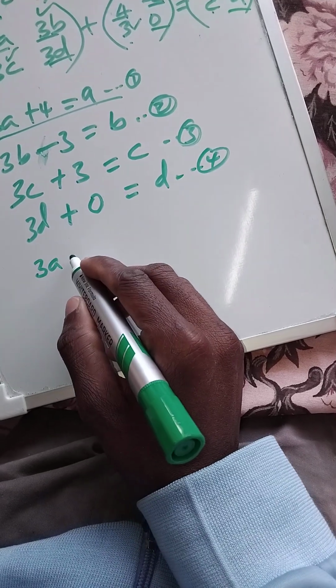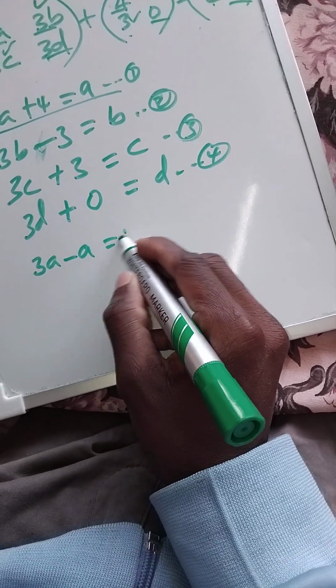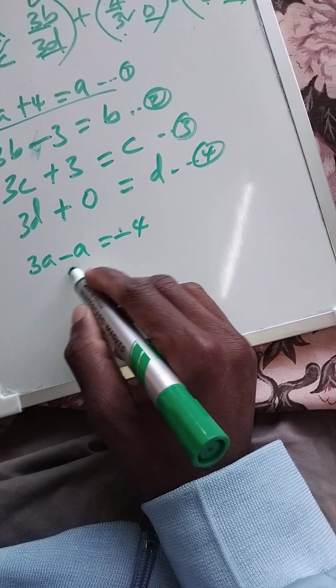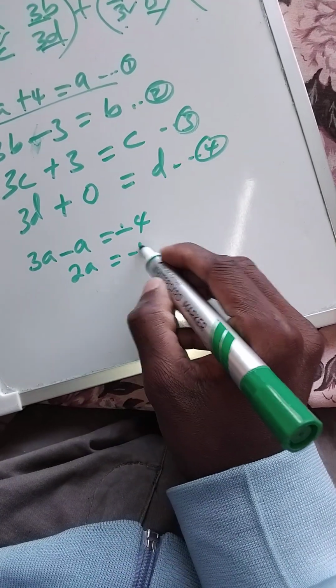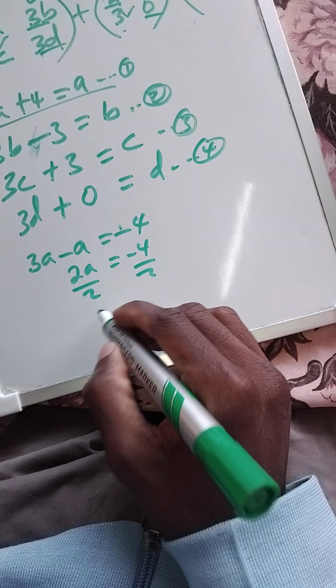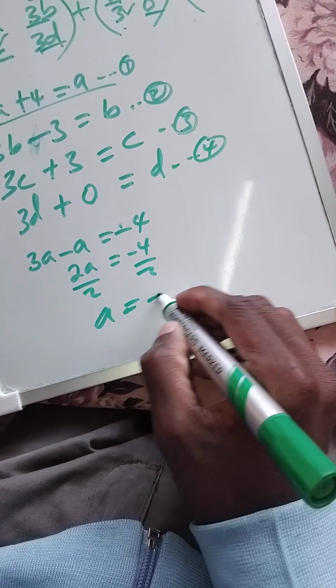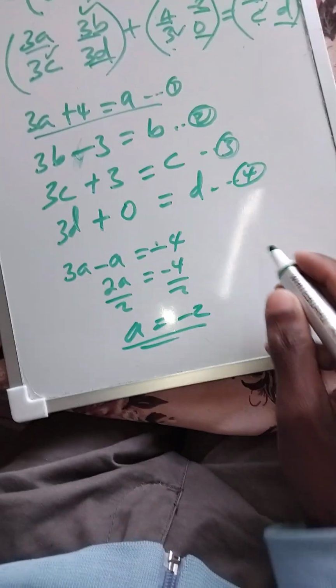So 3a minus a is equal to minus 4, so 2a is equal to negative 4, divided by 2, a is negative 2.